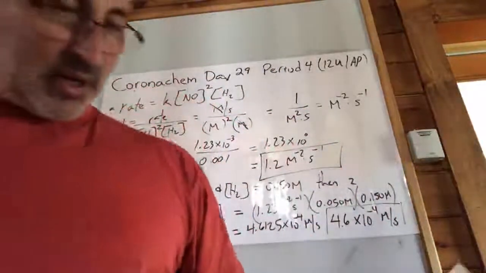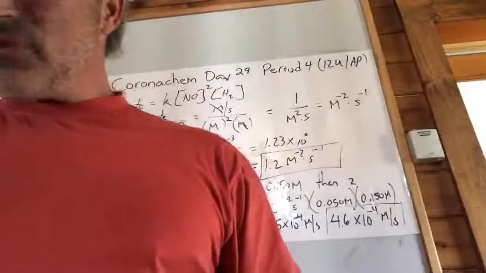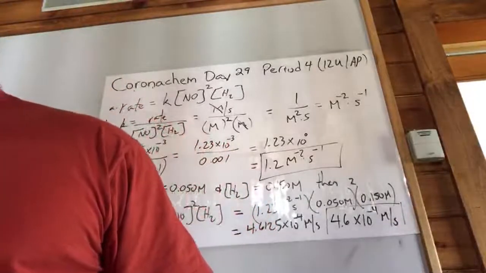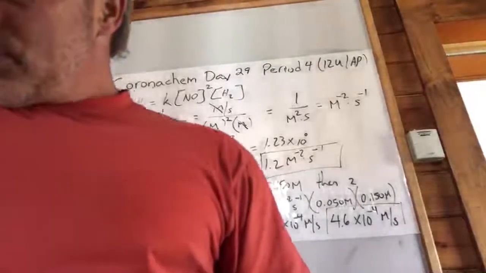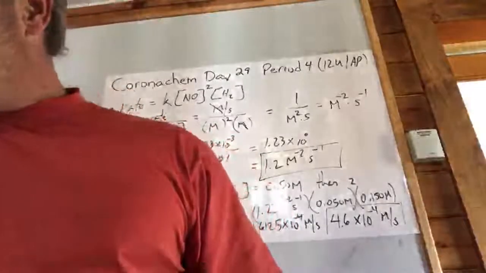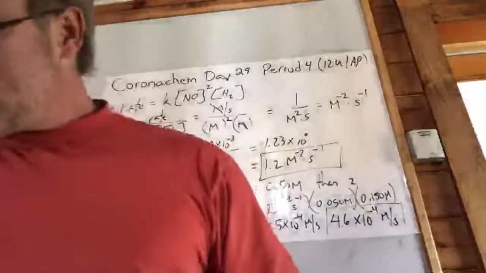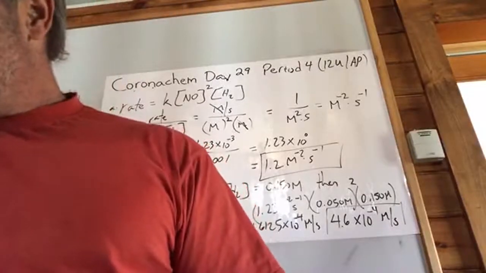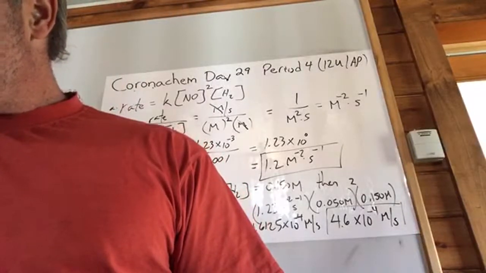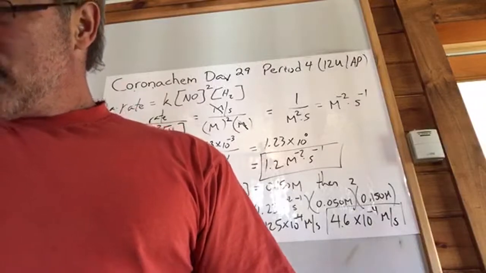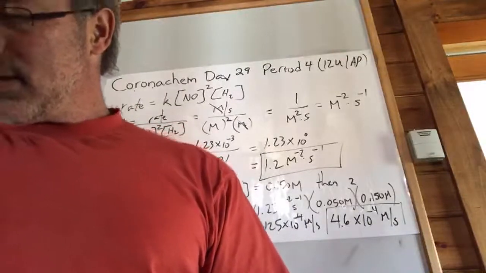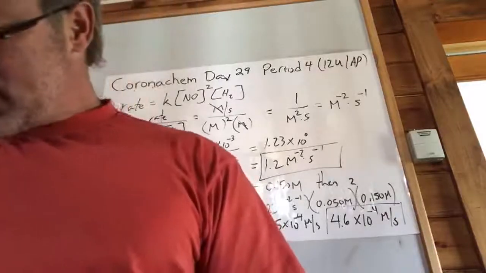The next part is dealing with first order reactions. A first order reaction is one whose rate depends on the concentration of a single reactant raised to the first power. For a reaction of the type A goes to products, the rate law may be first order. So rate is equal to negative delta A concentration over delta T, and it equals K times A concentration.